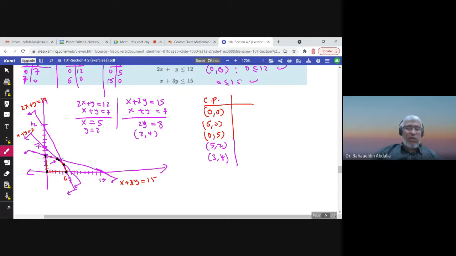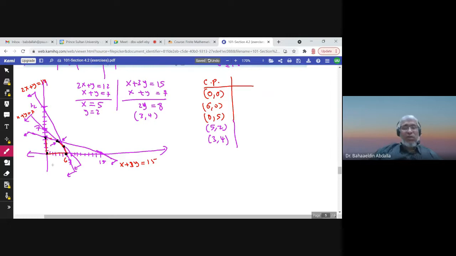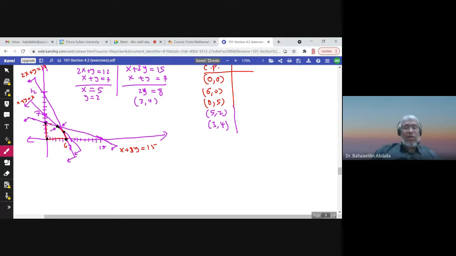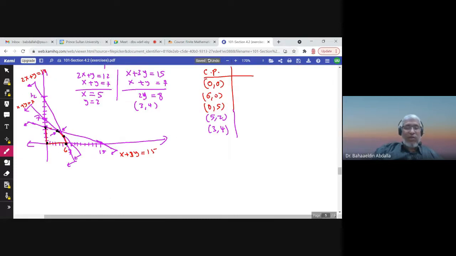So the intersection point between the two lines 2x plus y equals 12 and x plus 3y equals 15 does not seem to belong to the region. Let us find it to check whether it belongs to the region or not. This is just because my graphing is not accurate, so I need to really evaluate this point.